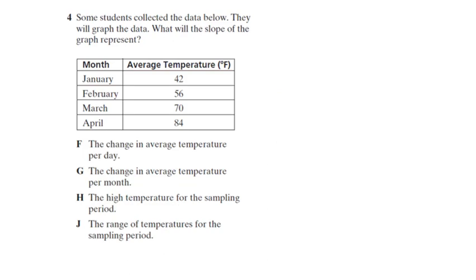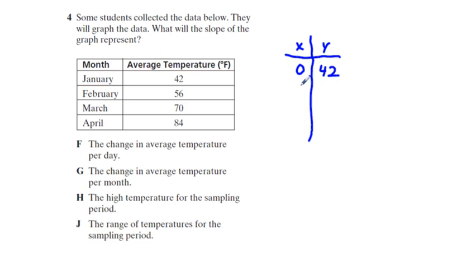Next, 4. Some students collect the data below. They will graph the data. What will the slope of the graph represent? Okay, so here you're given a month. And if we rewrote this in terms of just numbers, and we assume starting out, we did an X, Y, the month of January will be time 0, but the temperature is 42, average temperature.